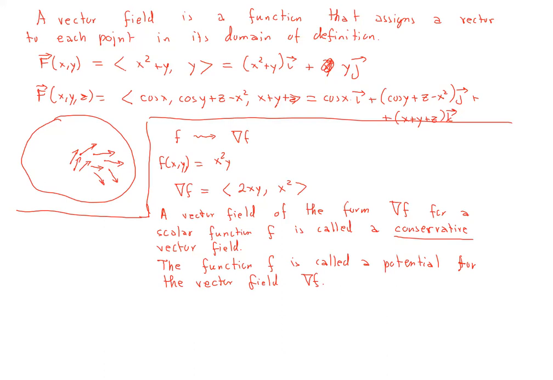We will just have the vector field, and we will actually try to compute what the potential is. Conservative vector fields, as I said, are very, very important. Our gravity field is a conservative vector field.